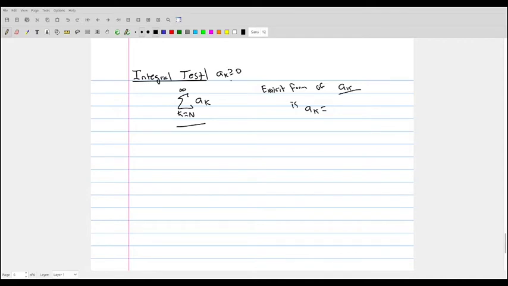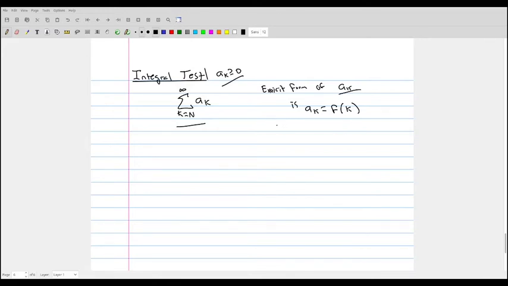First of all, they all have to be positive. The series has to be positive. We'll say ak is equal to some function of k. So we have the function that's giving the explicit form of the terms in this series.